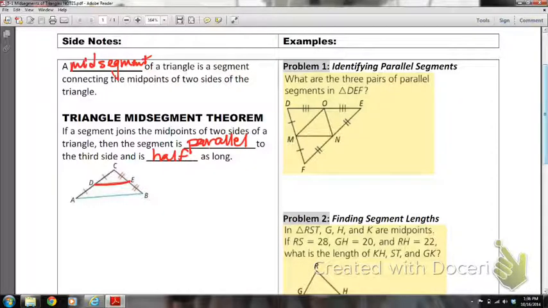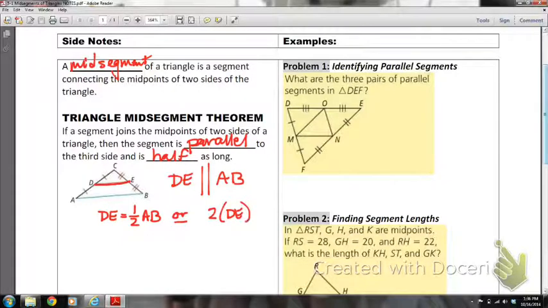So in this particular diagram, we have DE is parallel to AB, and DE is going to be half the length of AB, or you could say that 2 times DE, the length of DE, is equal to the length of AB.